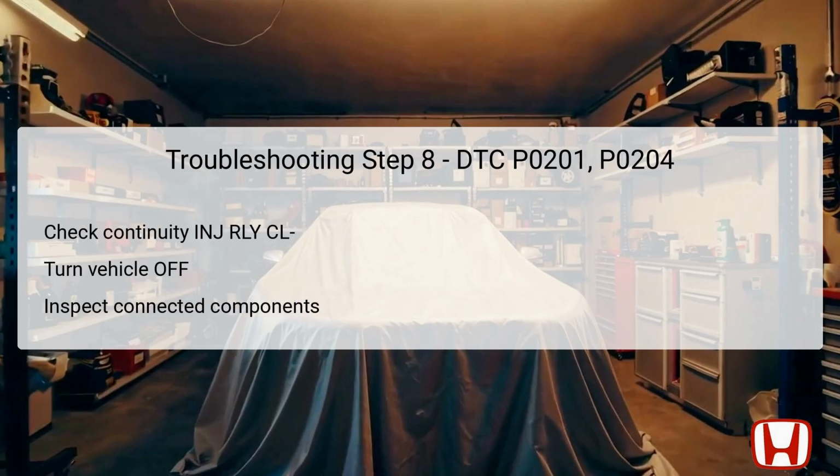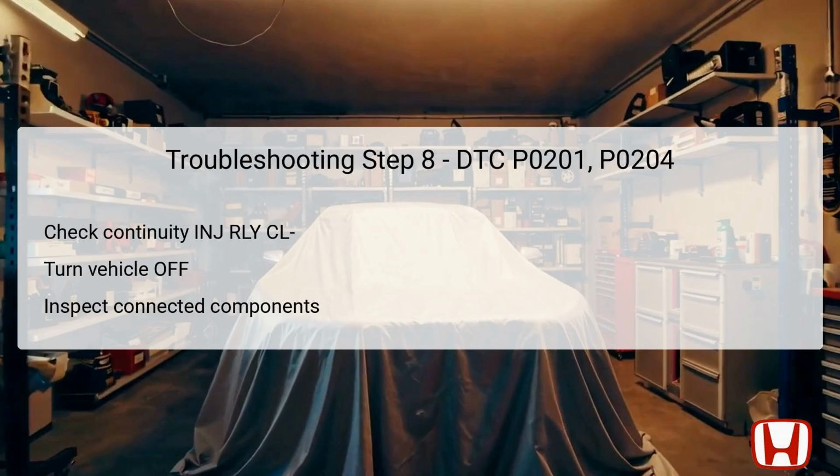In this step, you will perform a continuity check on the INJ RLY clear to ascertain if it is intact. Begin by turning the vehicle to the off/lock mode and disconnecting the specified PCM connector and injector relay. Check for continuity between the designated test points.